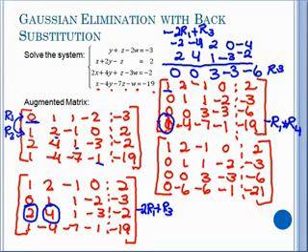This slide's getting a little bit crowded, so I'm going to have to switch to a clean slate here. But before I do that, let's identify what we're going to do for our next row operation. We're going to do 6, because we have to get rid of the 6 right here, and we've got a 1 here. So we're going to do 6 times R2, and we're going to add that to R4.